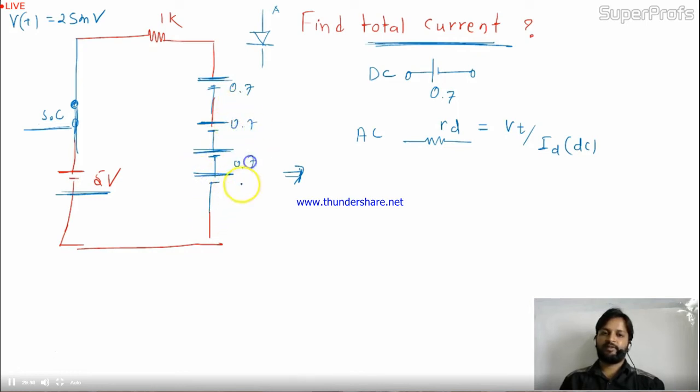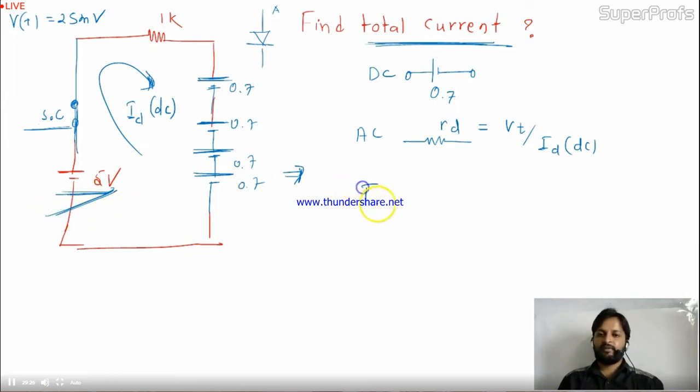0.7, 0.7, 0.7. Now if you collect this current, I'll call it I_D DC, because you are having a DC source in the circuit. So your I_D DC is nothing but 5 minus 0.7, 4 times, 4 into 0.7, divided by 1K.